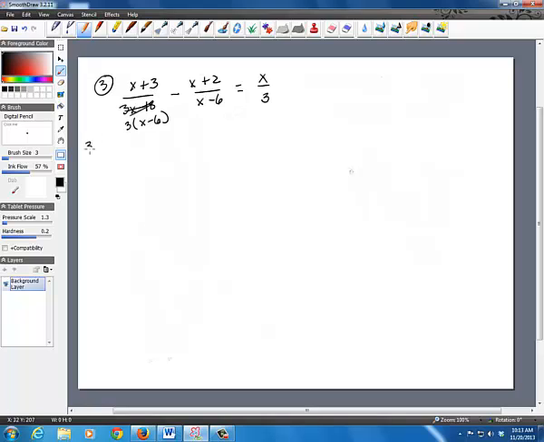So I'm going to multiply everything by 3 times x minus 6. And the second term, 3 times x minus 6. And then on the right-hand side, multiply by 3 times x minus 6.